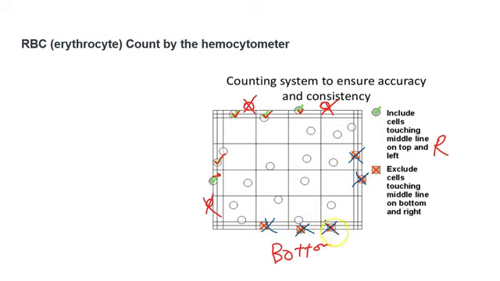We're not going to count them. Okay. So it means that for the right and bottom line, if they are touching the first line, that is okay, but not the midline, or obviously the third line. But for the top edge and left edge, if they are still touching the third line and we can see half of the cell on this side, we are going to count them.